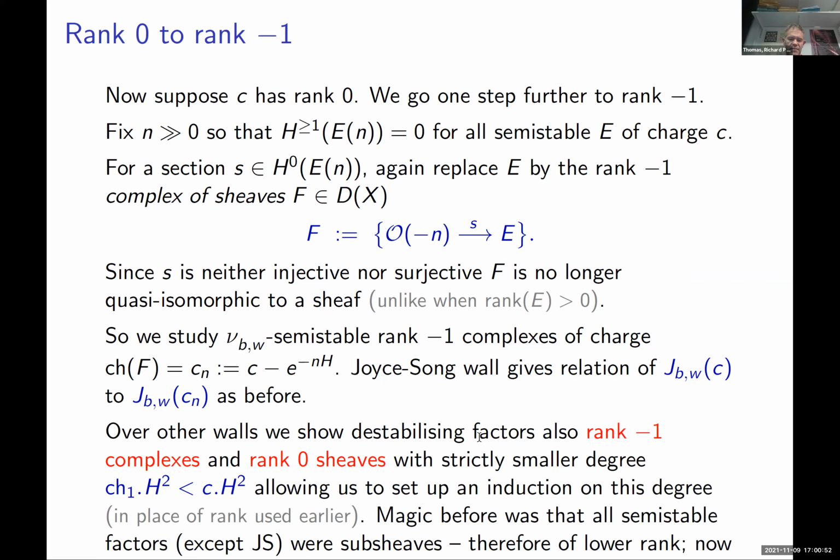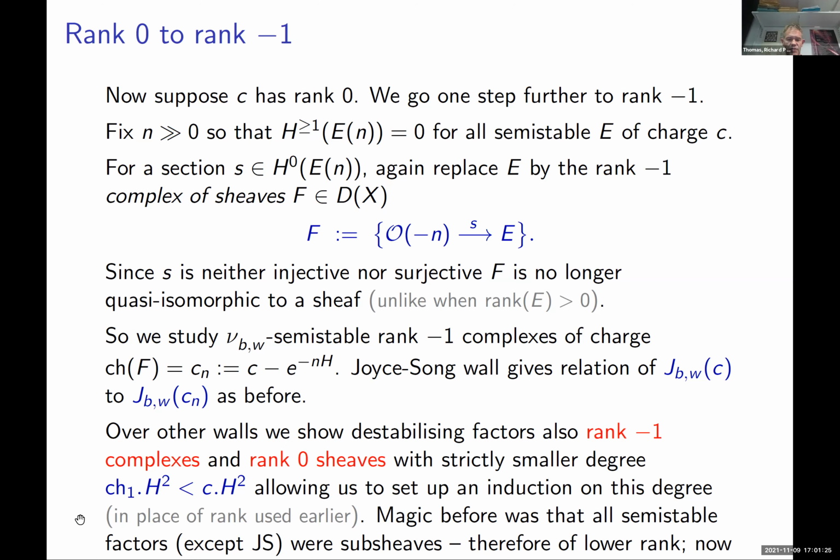And a similar but different analysis shows that now, instead of getting control by showing that everything that comes off is a sheaf, what we show is that everything that comes off is either a rank 0 sheaf or another rank -1 complex. So nothing worse happens. You don't get rank 1 sheaves and rank -2 complexes or anything like that. And instead of dealing with the discriminant, what we deal with is this degree.